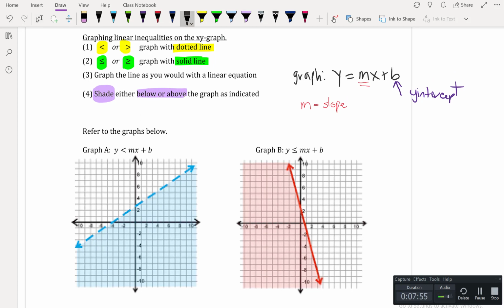Which tells me that if I were to have the inequality with not the or equal to, so there's no line underneath it, my line is dashed. So notice how that blue line is dashed. Versus in graph B, it has a solid line underneath it, meaning y is less than or equal to mx plus b. So here that line that's red, it's solid. And it's solid because the inequality is or equal to, that line underneath it.